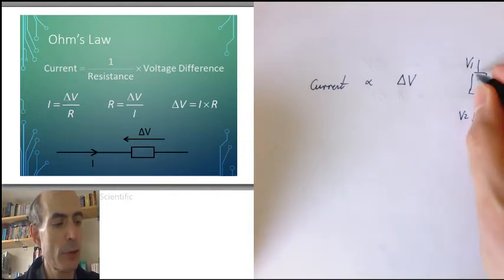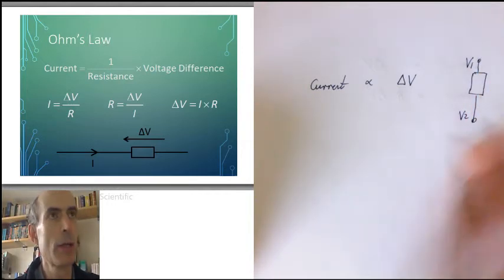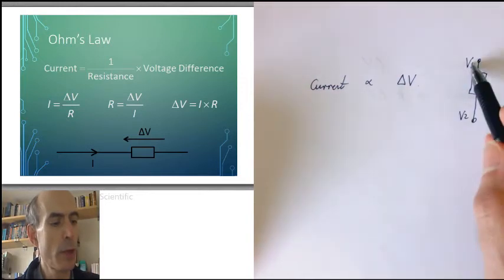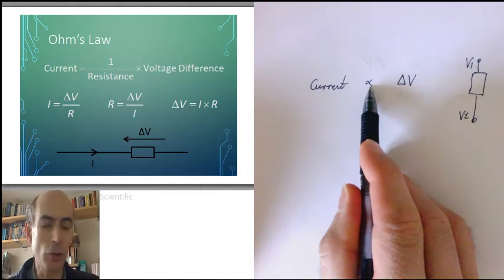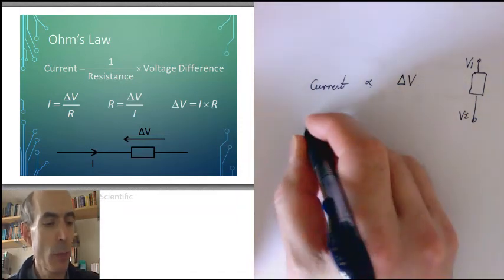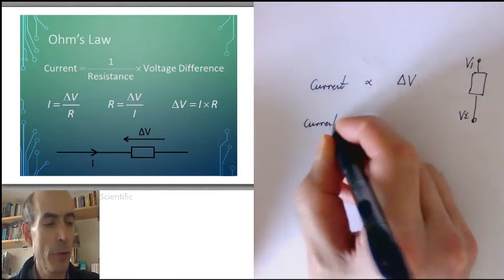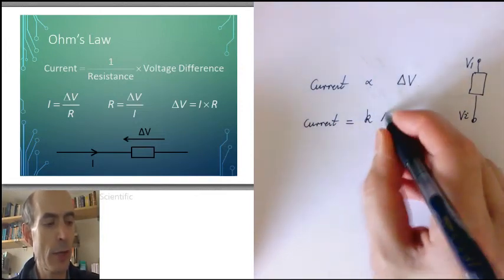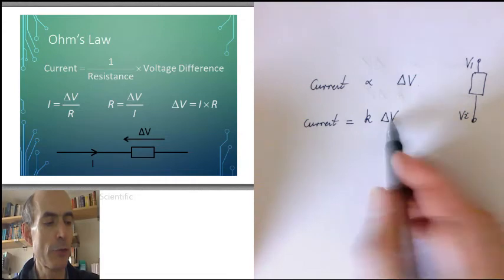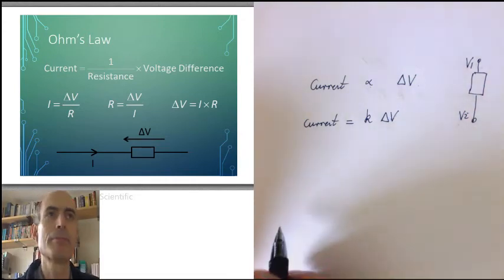That's the conductor, the component that we're interested in. Delta V would be V1 minus V2. With any proportional expression like this, we can always write it in the form that the current is equal to some constant of proportionality times the difference in the voltages.